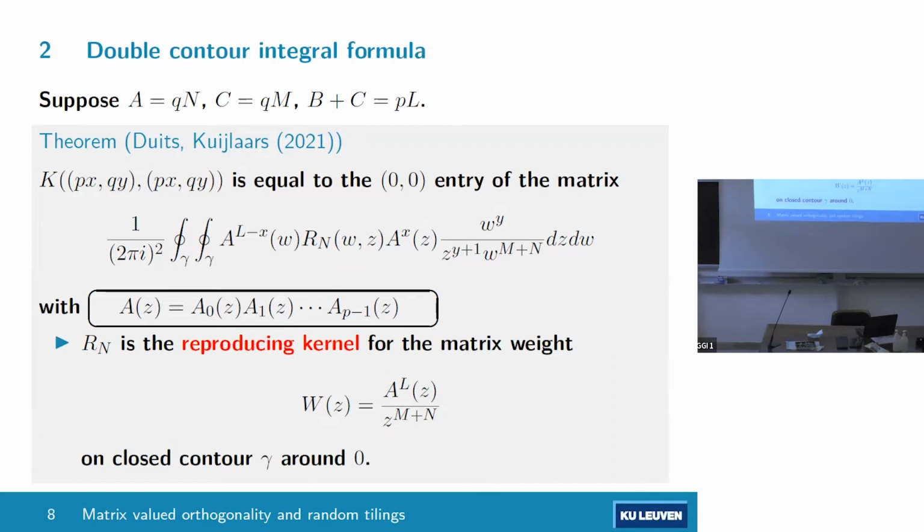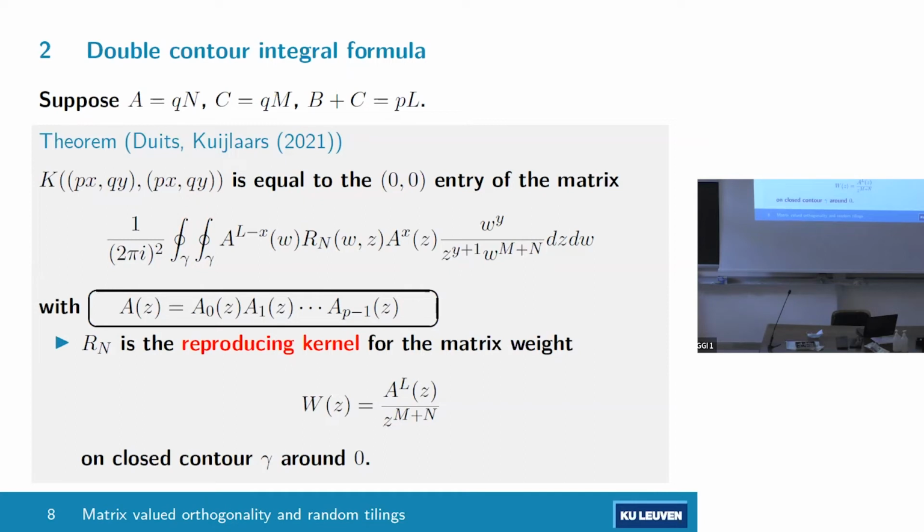We have a double integral over a contour going around 0, that's gamma, of some matrix valued object. So the integrals are just done entry-wise. So whatever is here will be a q by q matrix. And this correlation kernel at these particular values will be the 0, 0 entry. So the labels for the matrix go from 0 to q minus 1.